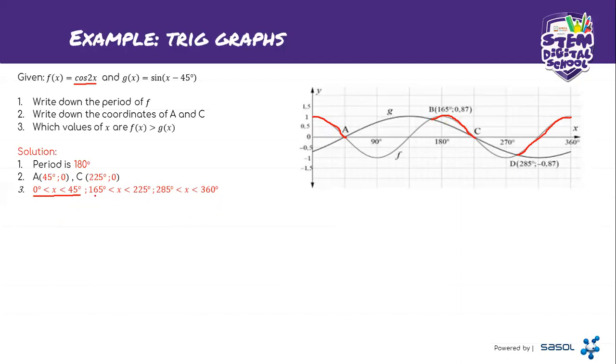Those are the values 165 and 225: x is greater than 165 and x is less than 225. And the last one is from point D up to the last point there. That's where x is greater than 285 and x is less than 360. That's where the graph of f is greater than the graph of g.